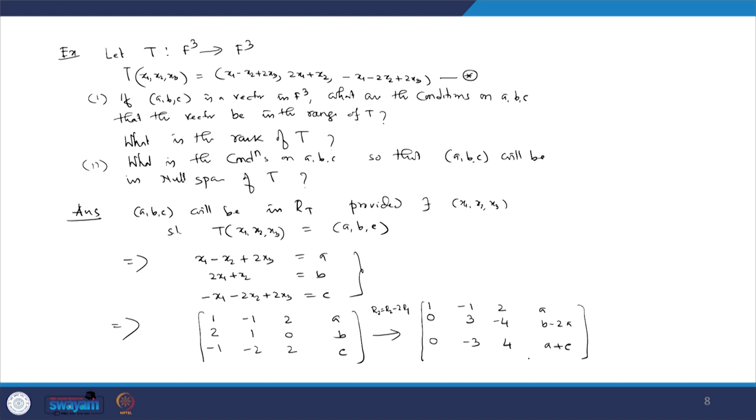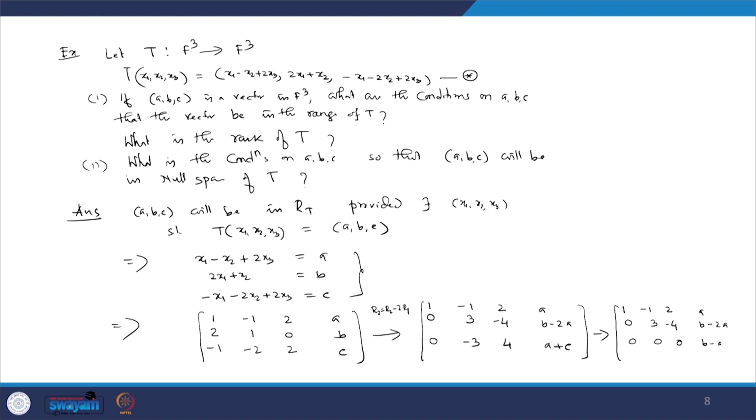Well, one more step is required. So, I will have 1, minus 1, 2, a; 0, 3, minus 4, b minus 2a; and now if I simply add the second and third rows, I will have 0, 0, 0, b minus a plus c.